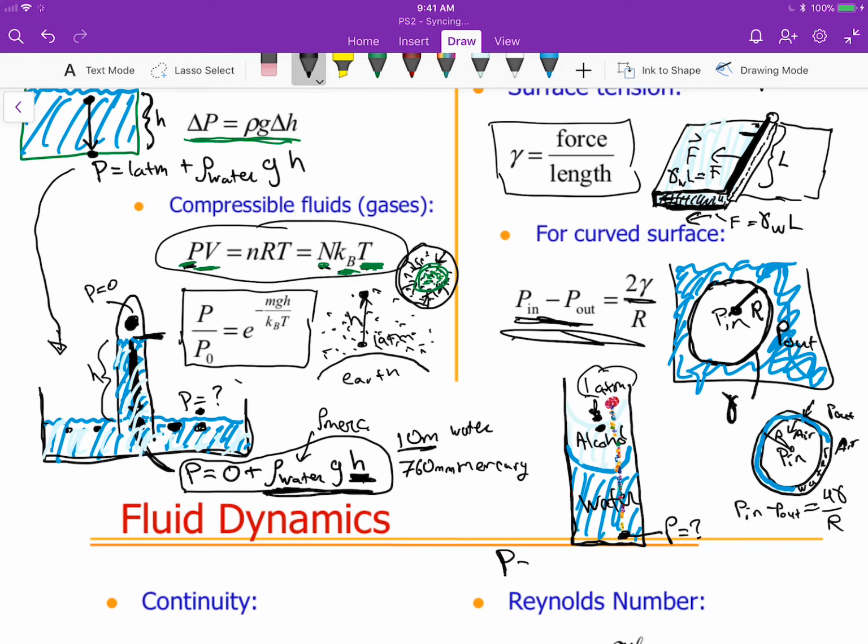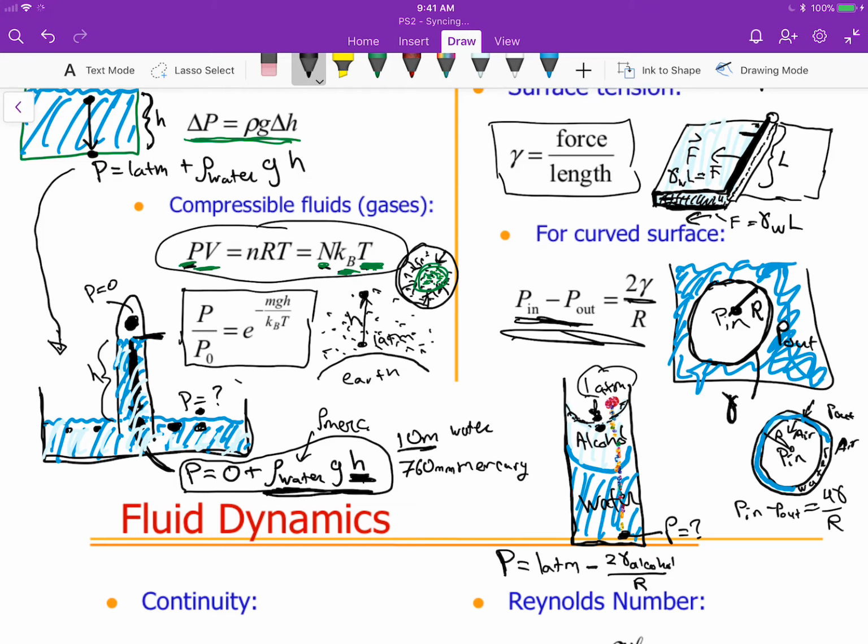But then we hit this meniscus, which is basically a bubble, and so we're going to have a pressure drop, because we're going from the inside of the bubble to the outside of the bubble, of 2 gamma alcohol over the radius of this bubble.